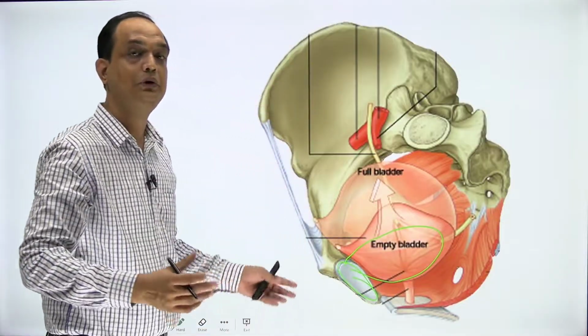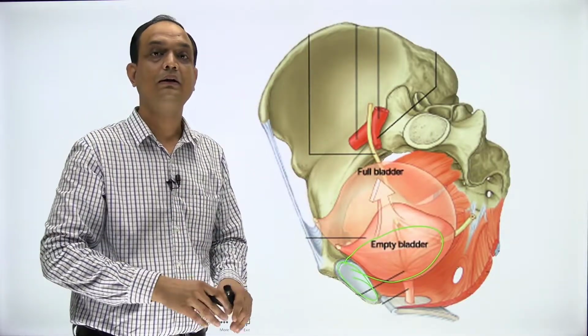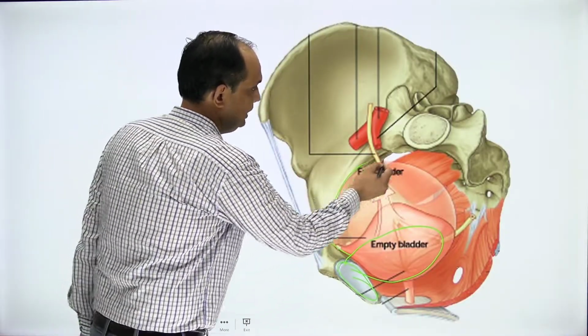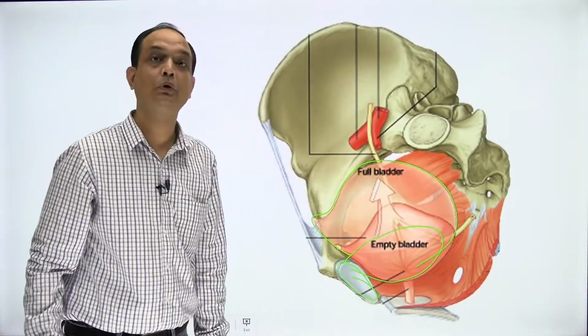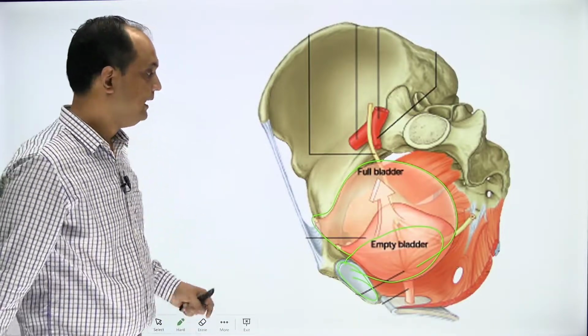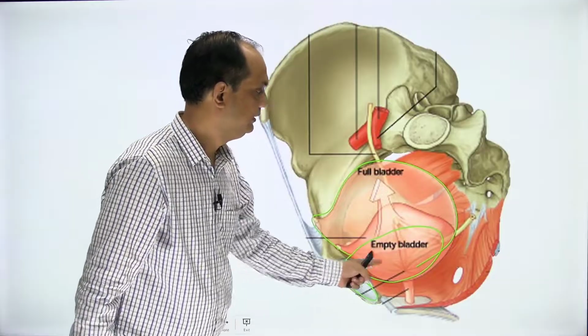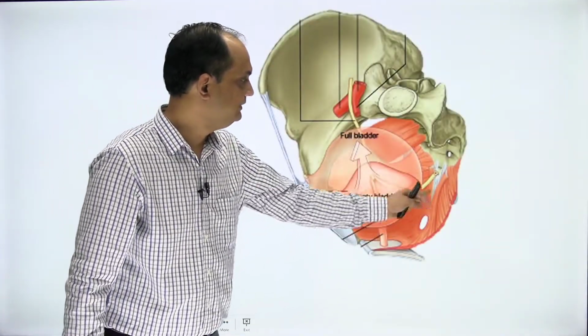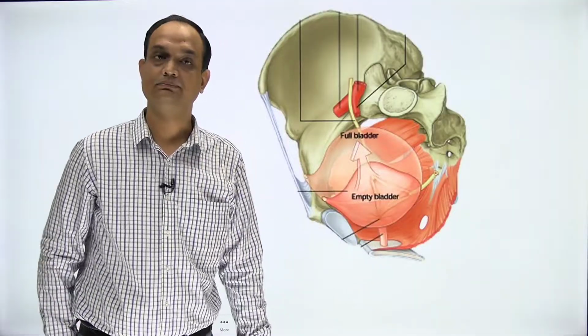But as urine goes into the bladder, distension will occur and the bladder will come out and become an abdominal organ after distension. Clear? Apart from that, on the posterior side you have the space for the rectum.